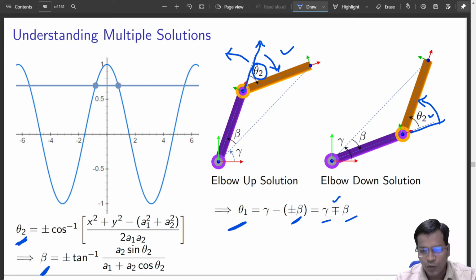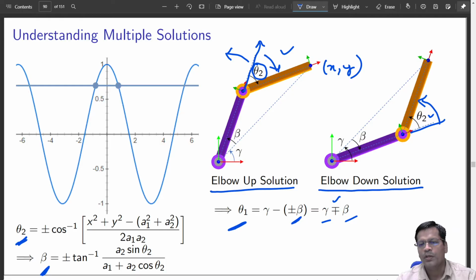That means for a given end effector position x and y, you have two possible solutions. One of them is known as the elbow up solution, another one is known as the elbow down solution. This is the physical meaning of having two mathematical solutions for a given position x and y.